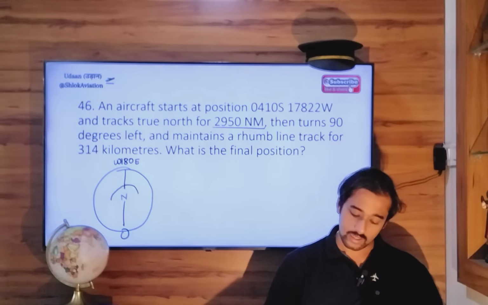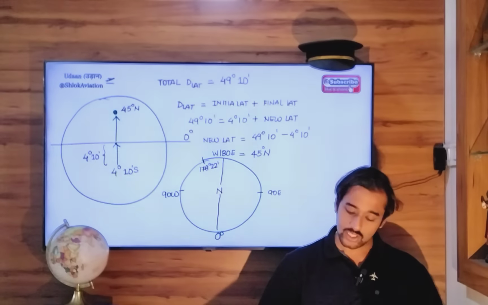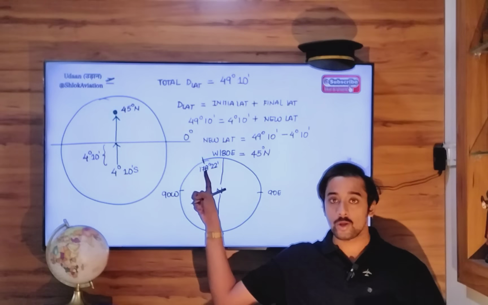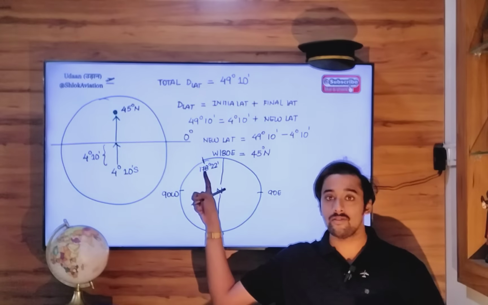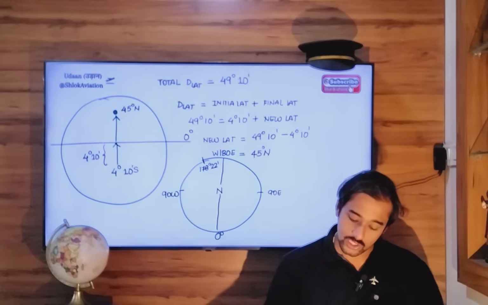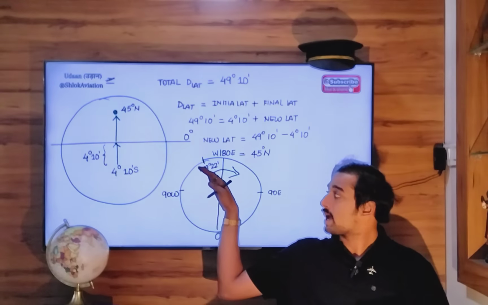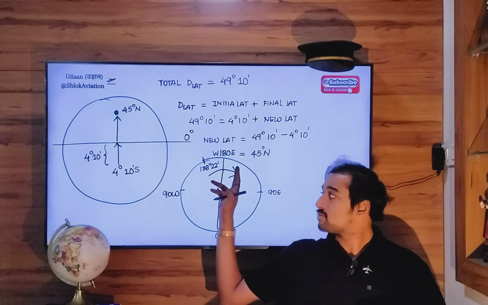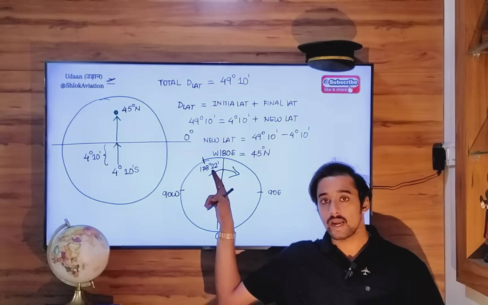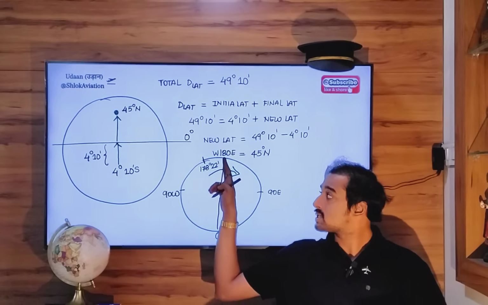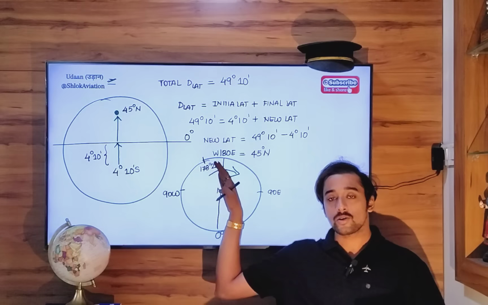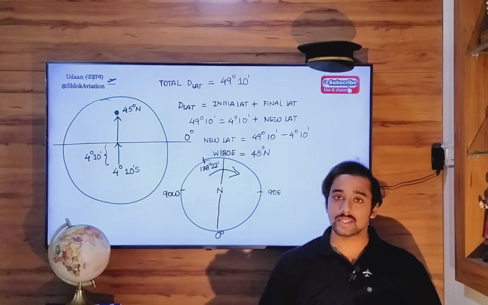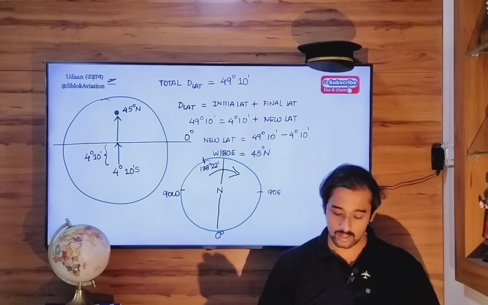Westerly directions are all clockwise, right? So this is your initial longitude 178 degree 22 minutes west. From this longitude, when you make a 90-degree left turn, you fly westerly heading. So your new longitude will be somewhere to the right hand side of 178 degree 22 minutes. Right hand side means the value will be more than 178 degree if the new longitude is in the western hemisphere. If it crosses the 180 degree anti-meridian and enters the eastern hemisphere, the value will be less than 180 degree east meridian.